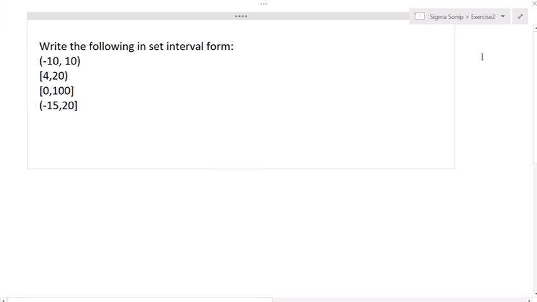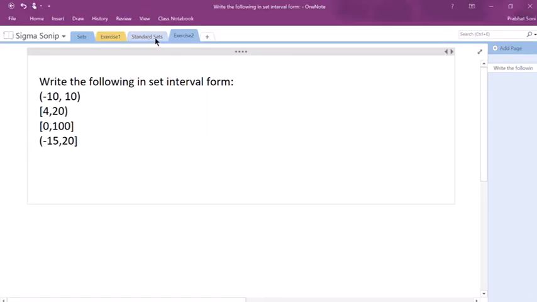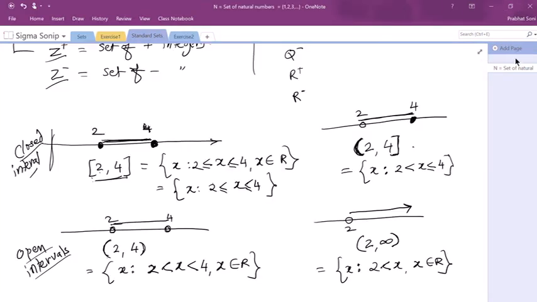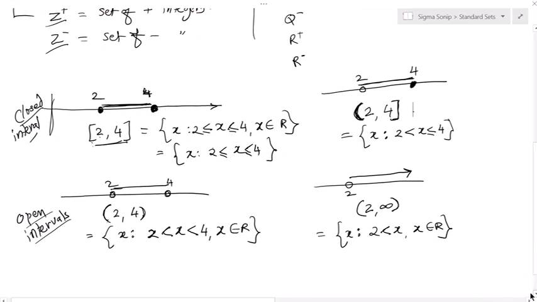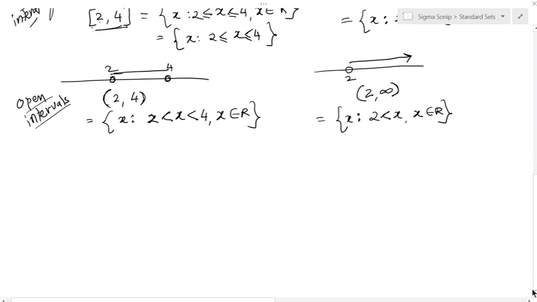Okay, another thing that we need with these intervals is operations, very important operations that we normally do with sets, and they are known as union and intersection. So let's go back to here. This is the previous section, and let's see what we have here.